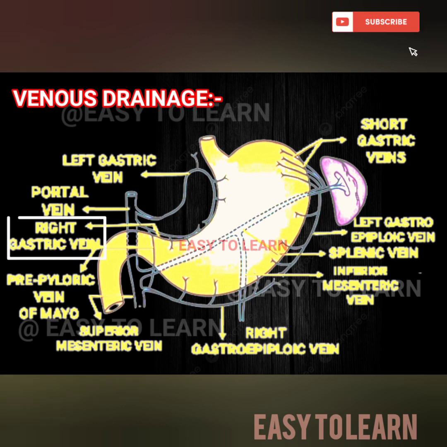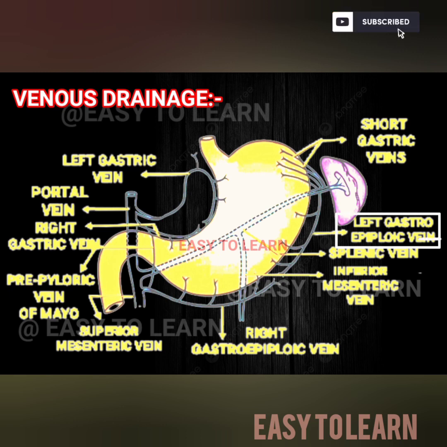Right gastric vein runs to the right along with the lesser curvature towards the pylorus. It joins the portal vein posterior to the first part of the duodenum. It also receives the prepyloric vein, which receives the veins from the first 2 centimeters of duodenum.